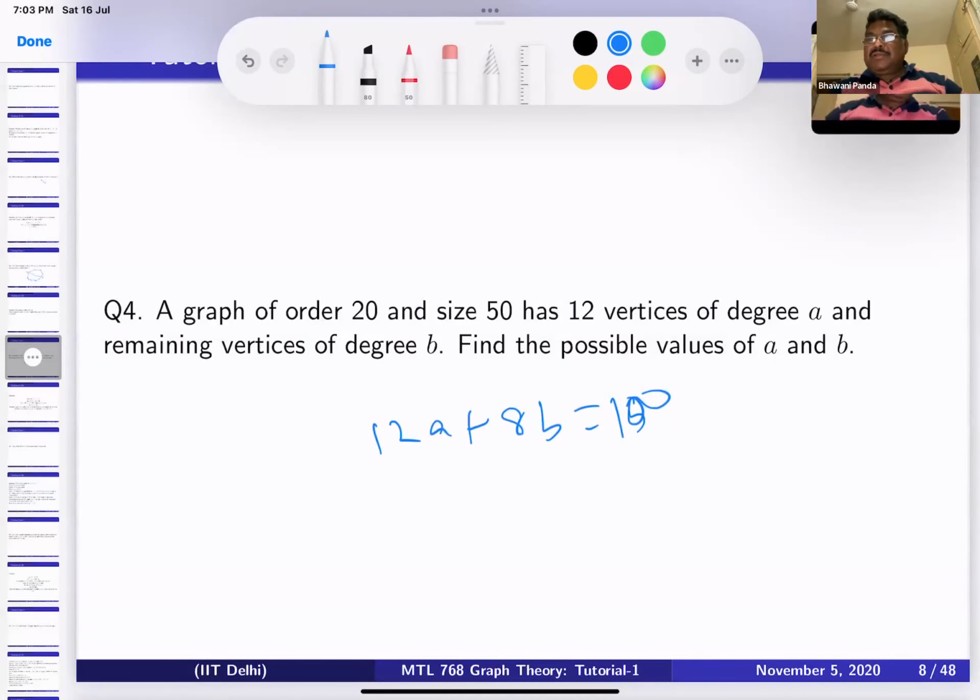Very good. From that we have 3a plus 2b equals 25.